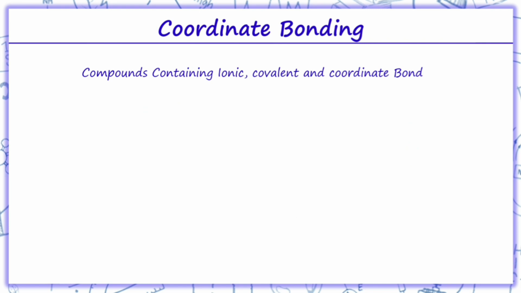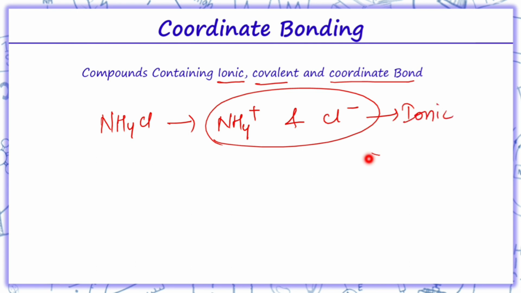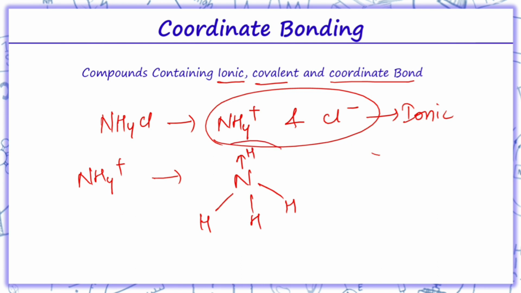Now we have certain examples in which ionic, covalent and coordinate bonds are there. Now what is that? Like NH4Cl. How do we write NH4Cl? NH4 plus and Cl minus. So between these two comes the ionic bond. And we know the structure of NH4 plus; we have seen the ammonium ion. The structure of the ammonium ion is H, H and H, and 1 lone pair of electrons is shared with hydrogen.